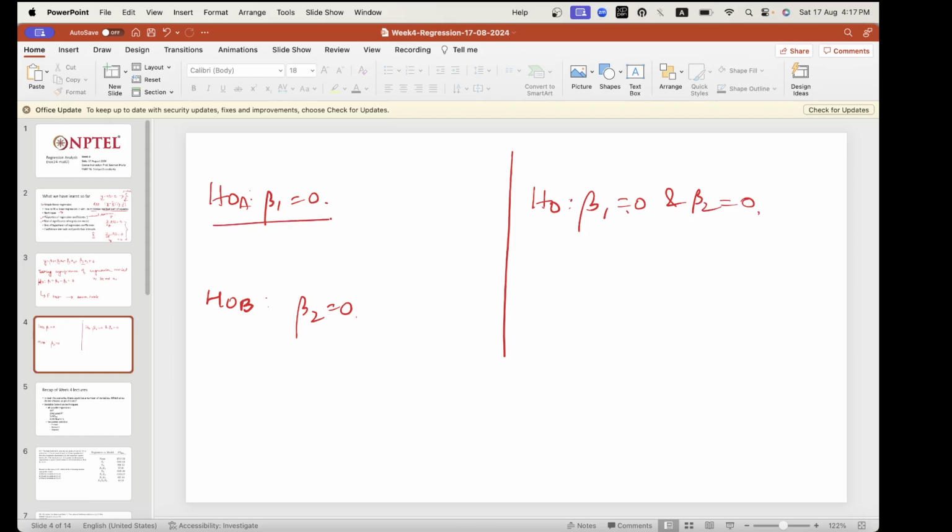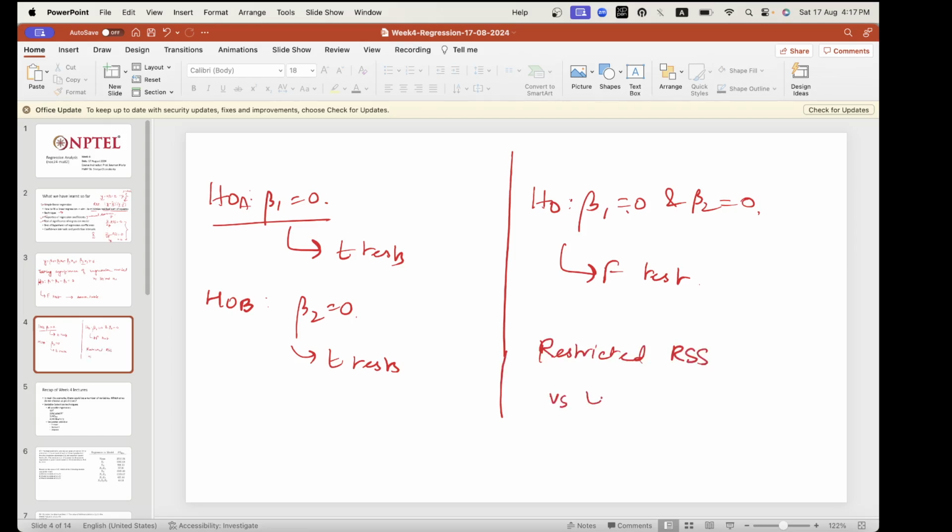These individual tests were t-tests, and this one was also an F-test, which we learned to do based on the restricted and unrestricted residual sum of squares, or rather, the extra sum of squares technique.